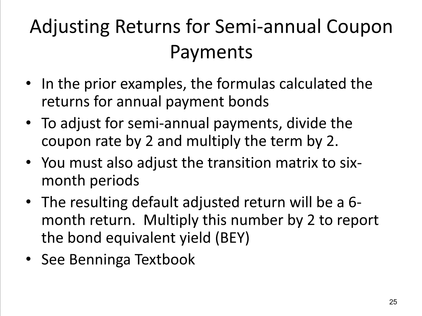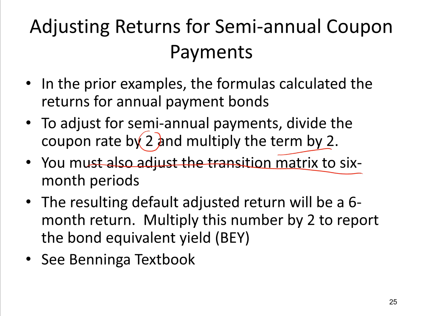Last thing I want to talk about is that most corporates are semi-annual payment bonds. The spreadsheet we calculated is for an annual payment. If we wanted to adjust it for semi-annual payments, we'd have to divide the coupon rate by 2 and multiply the term by 2. However, we'd also have to adjust the transition matrix to 6-month periods. So we have to take the square root of the 1-year transition matrix to get 6-month periods in some sense.